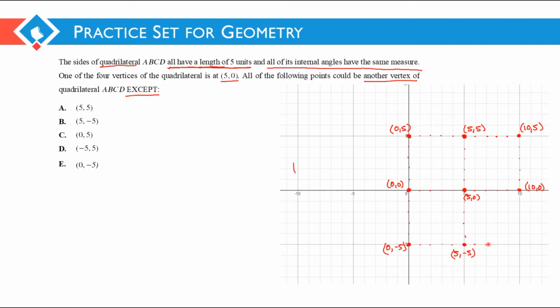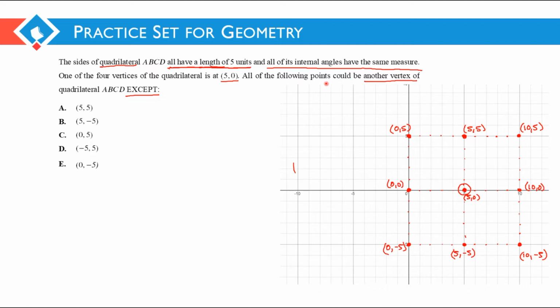And the last one would be the square on the bottom right. And this is going to be (10, -5). Right over there. So it could be any one of these 4 squares. This initial point could be a vertex on any of these 4 squares.